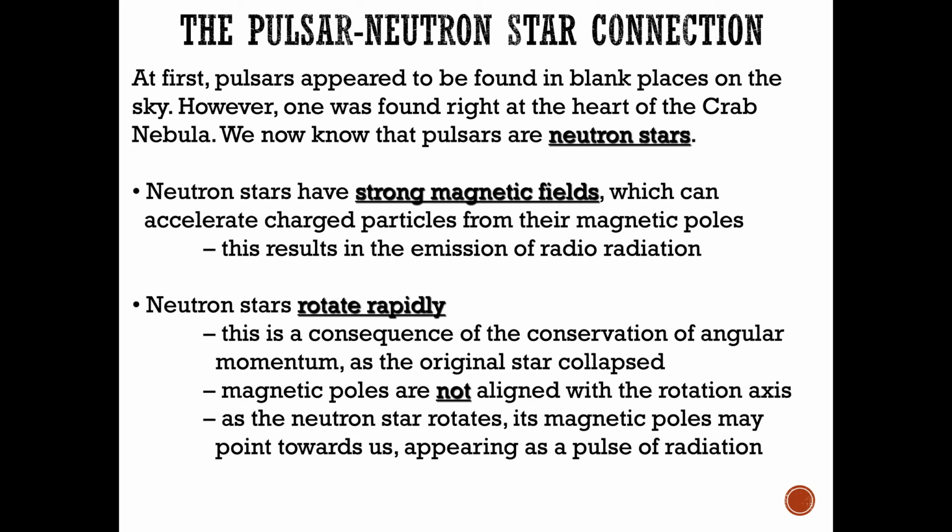And because of that, we now know that pulsars are these rotating neutron stars, right? Now, neutron stars rotate very rapidly, and that is actually a consequence of conservation of angular momentum, right? When the original star collapsed, I guess all of you can understand it from A-level physics.